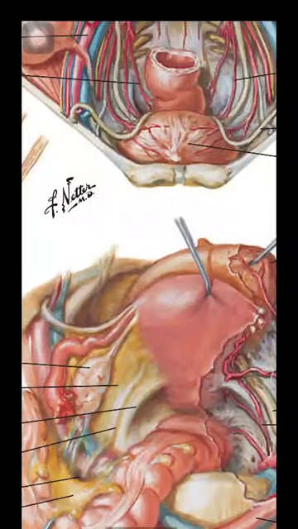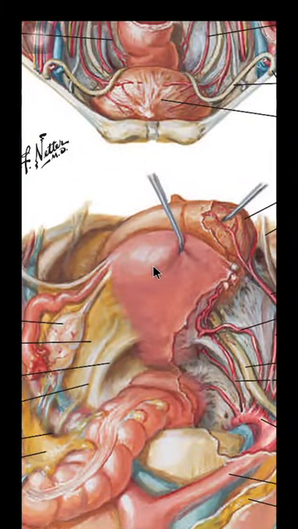Now we will go into the female relations of the second part. From here to here, these are the relations. Above, this is the broad ligament. This is the posterior view and this is the broad ligament. So the lower attached margin of the broad ligament will be related above to the ureter.